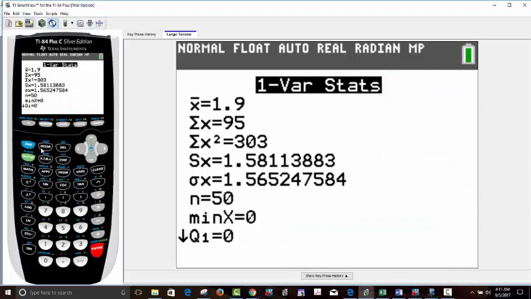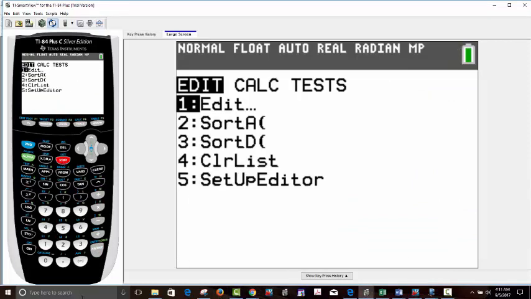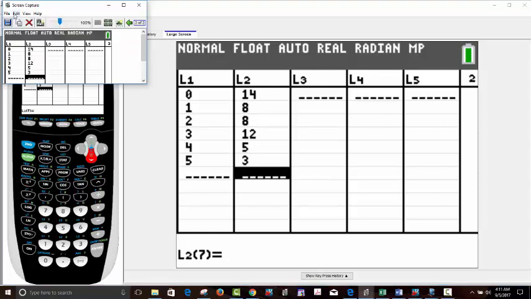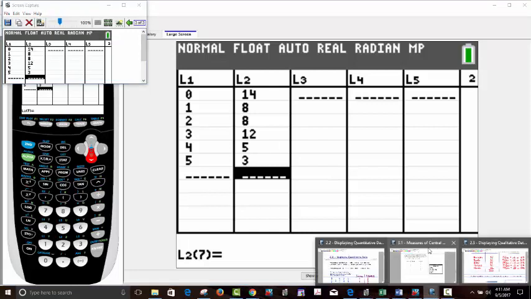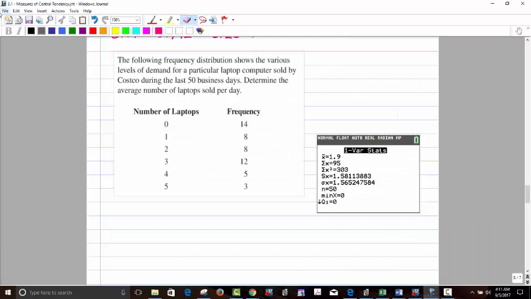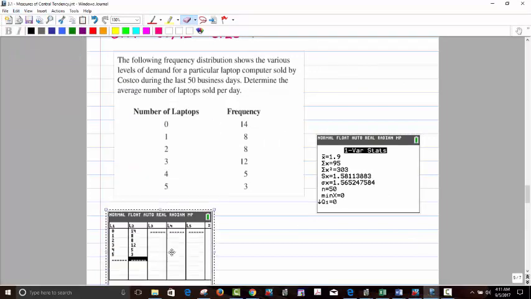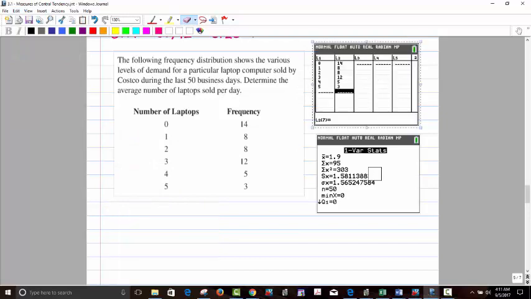But let me go back to the screen with the list. There we go. Get rid of that. Let's put that over here. Then I'll deal with that later, but 1.9, that's there, so all right. So we can move on there.